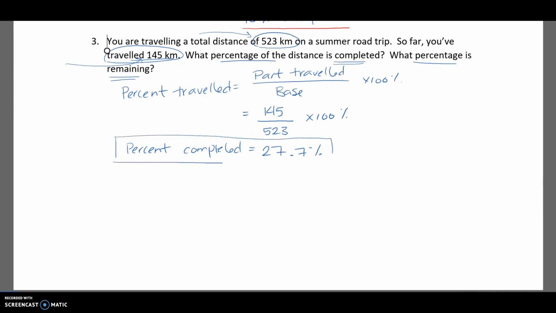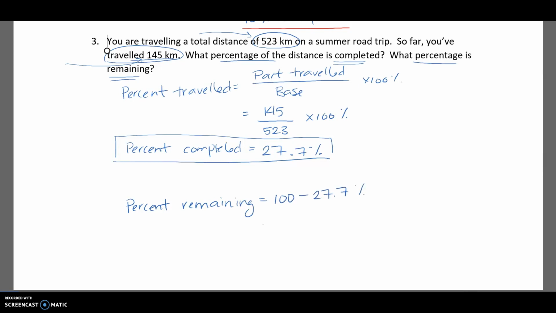There are a couple of ways to answer the next part of the question. One way is to consider that once the total trip is done, 100% of the distance will be traveled. If we want to figure out the percent remaining, or the distance that hasn't been traveled yet, we can take that 100% total and subtract the percent that's been completed.